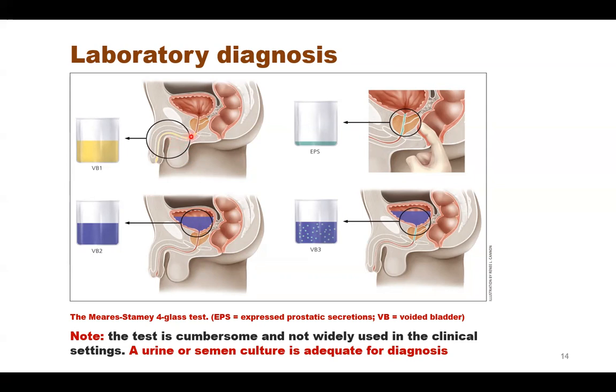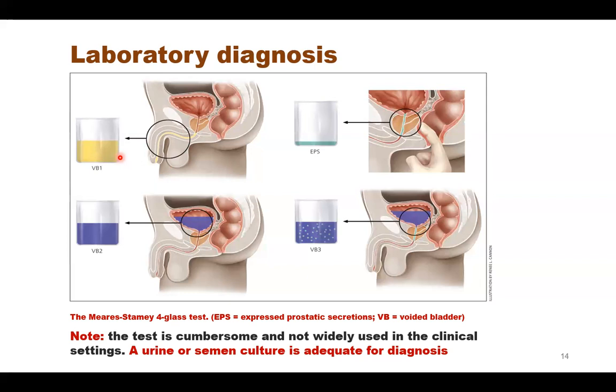So that's the urine that's coming out. The initial stream of urine will wash out whatever organism is present in the urethra. So when you collect the VB1, it represents the urethral organisms.